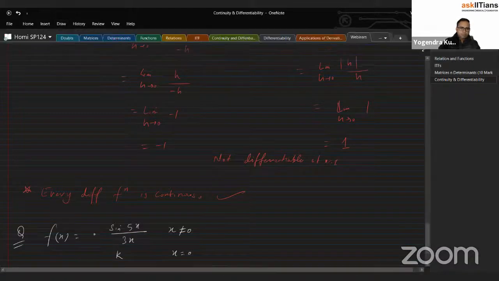Note down the question, everyone. The function is sine of 5x divided by 3x if x is not equal to 0, and k if x is equal to 0. The function is continuous at x equals 0. I'll be asking a differentiable question also, but first, continuous at x equals 0. Then what is the value of k?